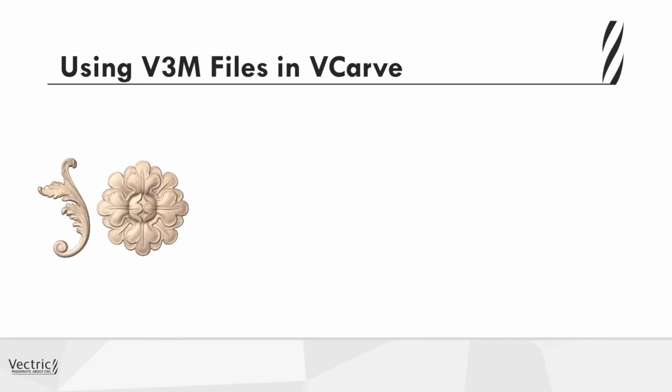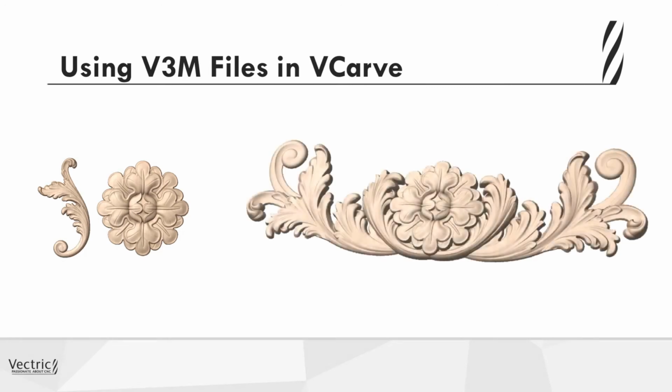Using the free clip art that comes with VCarve, we're going to look at creating an interesting composition made up of two pieces of clip art, whereby we're going to make use of the mirror and clipping mode to create a complex looking part that you didn't have before.